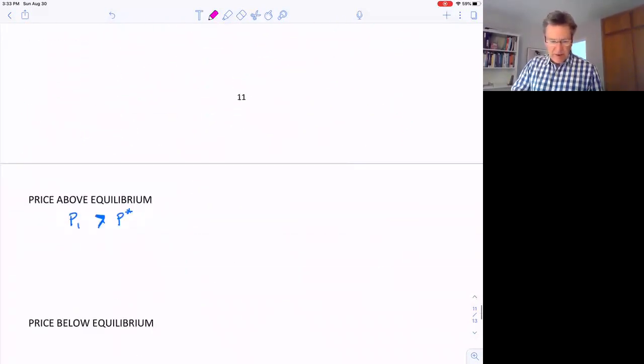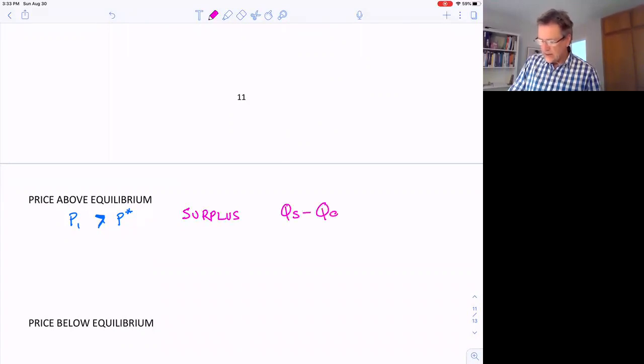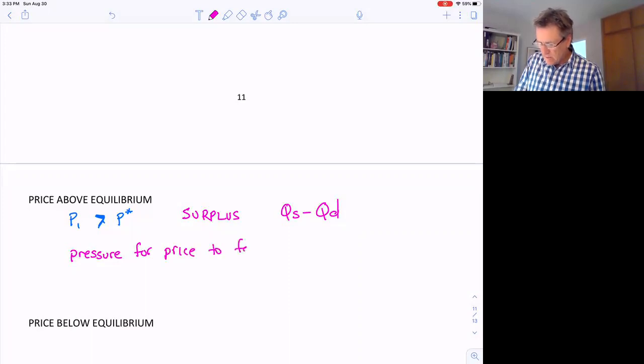So if the price is above equilibrium, we end up with a surplus that can be measured by the quantity supplied minus the quantity demanded. And there's pressure for price to fall to the equilibrium price, which is P star.